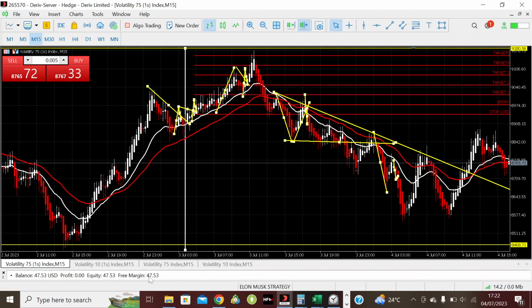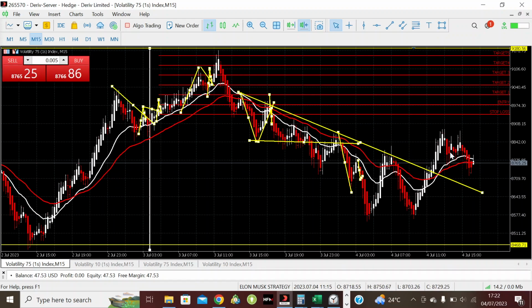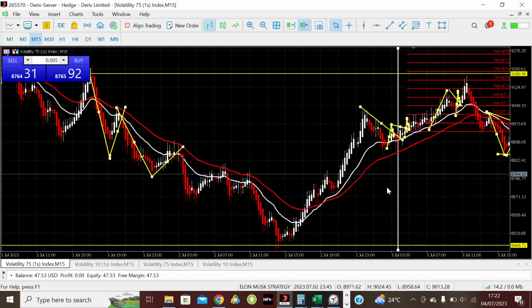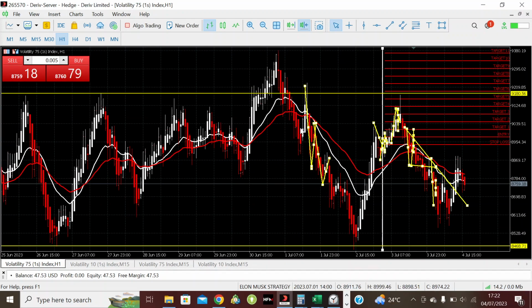You see all these risk measurements that I did, you have to do all those and know what you're actually risking. Like now if you want to take this $50 to 1,000 within a day, it's not impossible, it's very possible. Like now you could have looked for one good setup, or maybe on the 1 hourly chart.